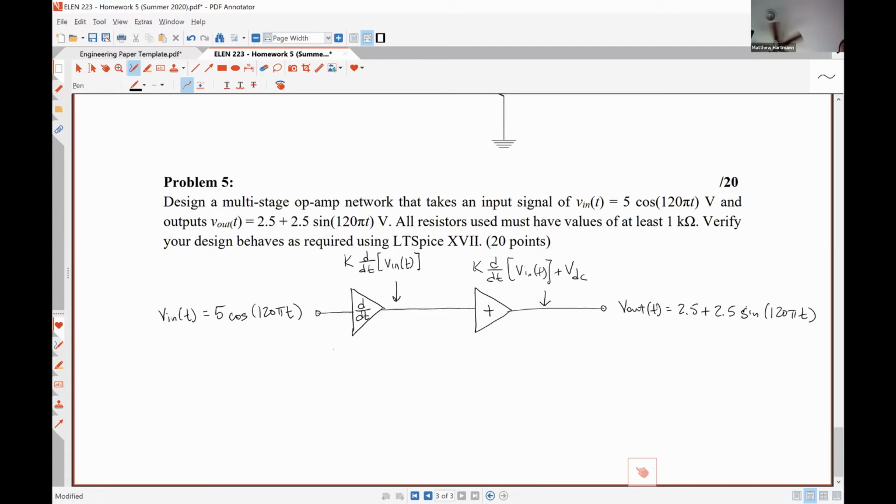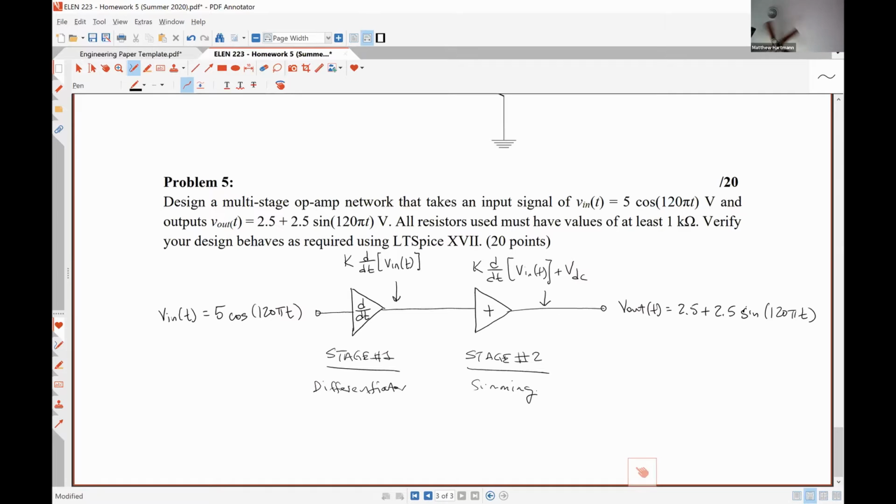So our two stages are a differentiating amplifier and a summing amplifier, and I'm going to leave it up to you guys to figure out what your component values and all that kind of stuff are going to be.